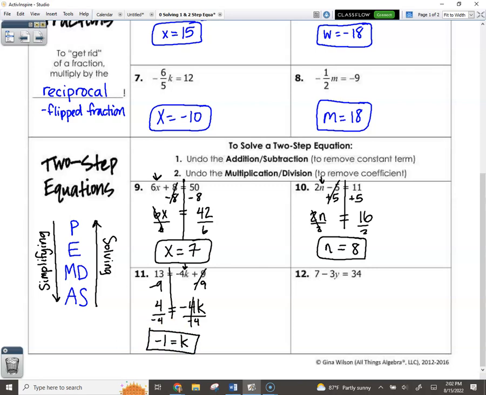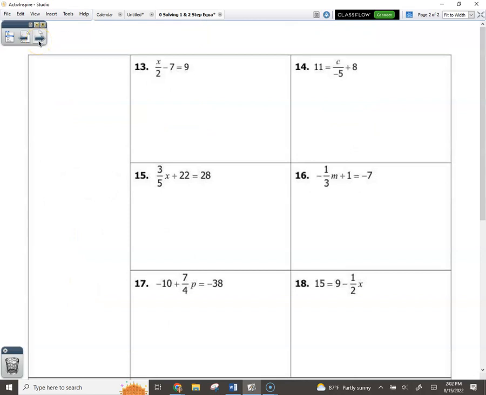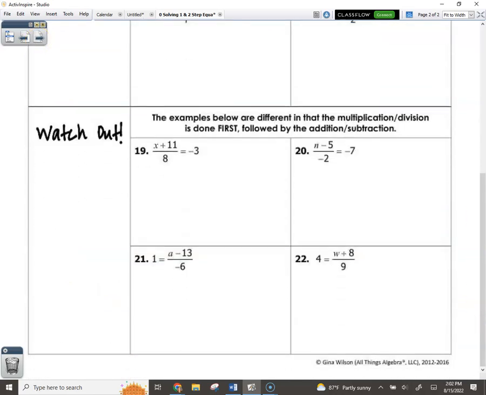Right? Very quickly, turn to the back. I know there's 12 there. I know. Go to the back. This is your practice. What we don't answer. Come to number 19. It says, watch out. When you're solving number 19, you might think, oh, I gotta subtract 11. Can't, because that is one giant fraction.